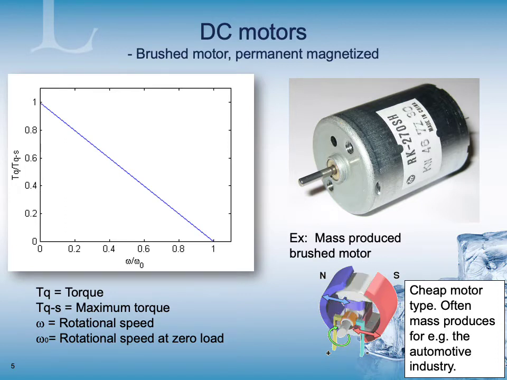What's interesting here is you can see that the torque is at its maximum when the rotational speed is 0, when it's stationary. So we have a really high starting torque, which is of course good in such applications, like I told you about in the automotive industry, when the windows are going up and down, because normally you need some torque to get them moving from the beginning.